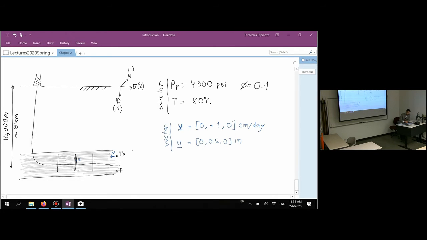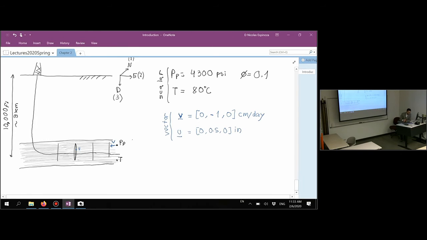The last one that we're going to see, and the one that we're going to study in detail in this class, is stress. As we were saying before, we're going to have at least 3 stresses, which are the vertical stress and the horizontal stresses. I don't want to make this drawing too busy.